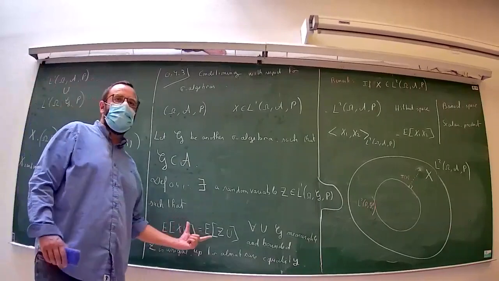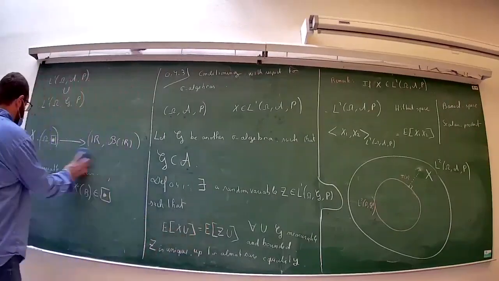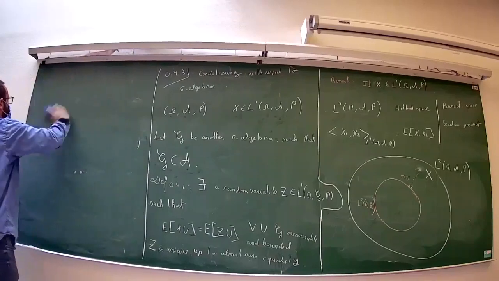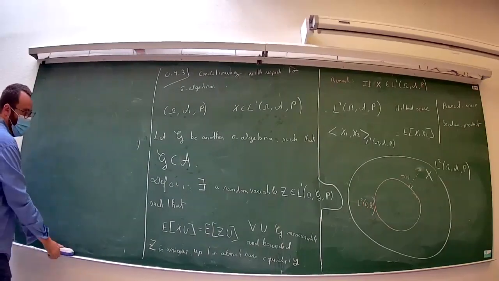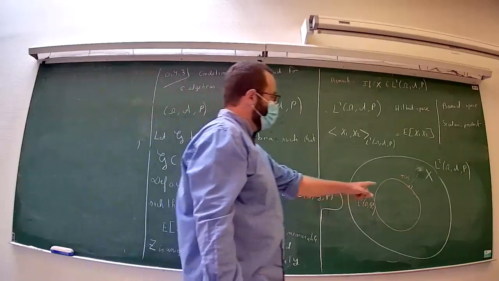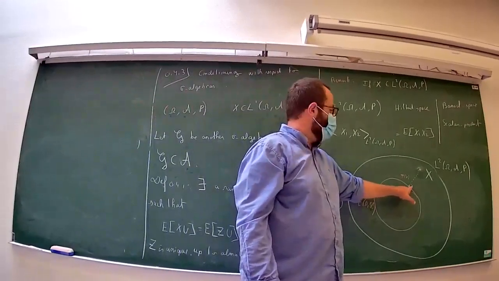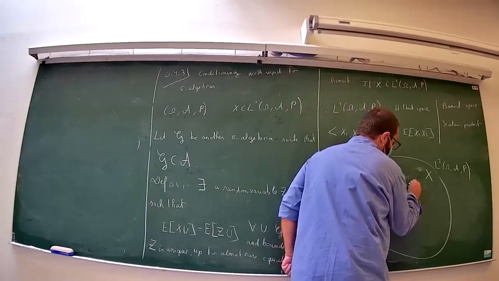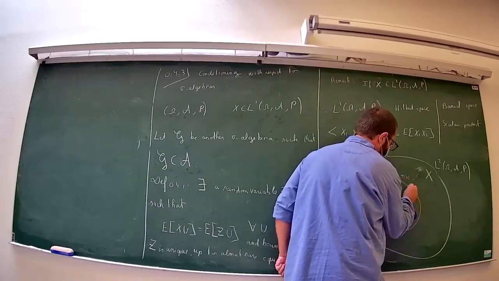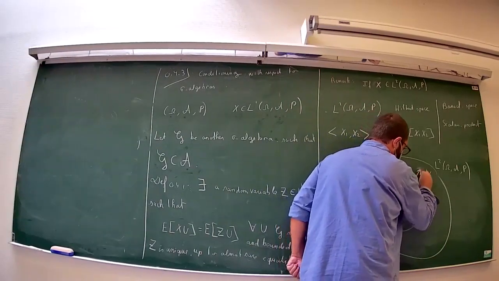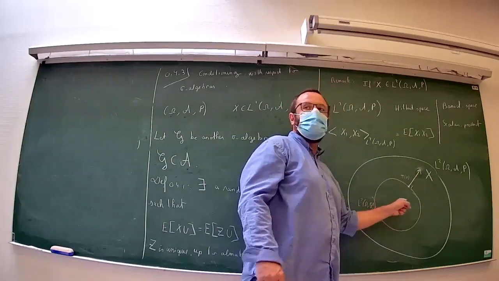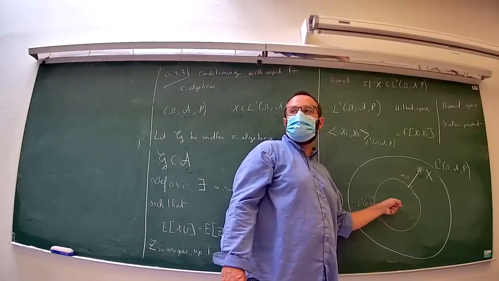I said, okay, what is the link with this one? The link is this remark. What is the meaning of the orthogonality here? It means that this vector is orthogonal to all the elements in the red space.